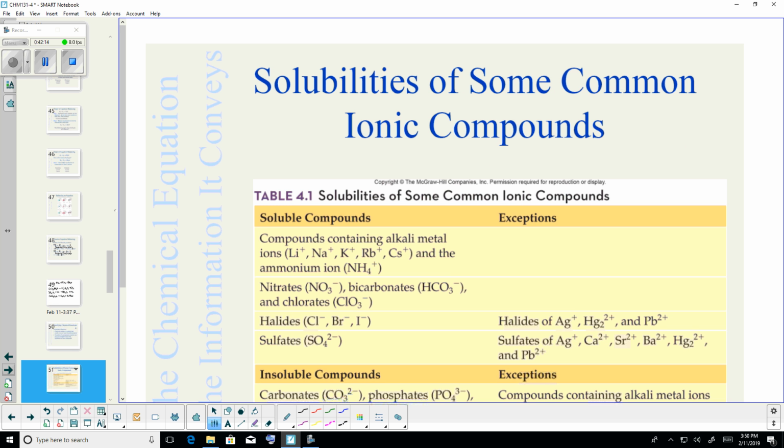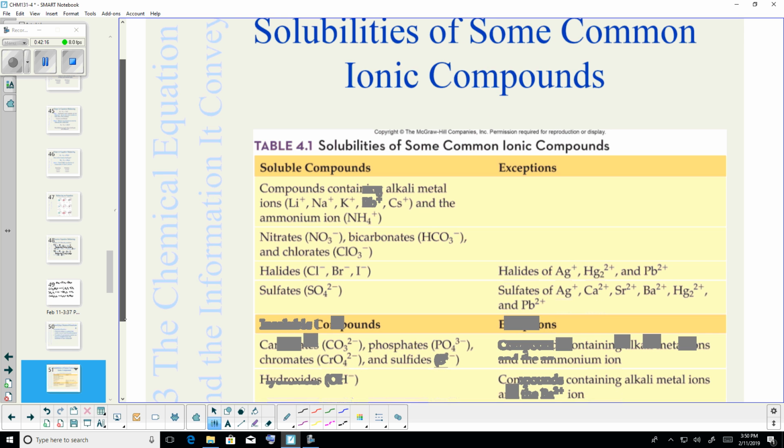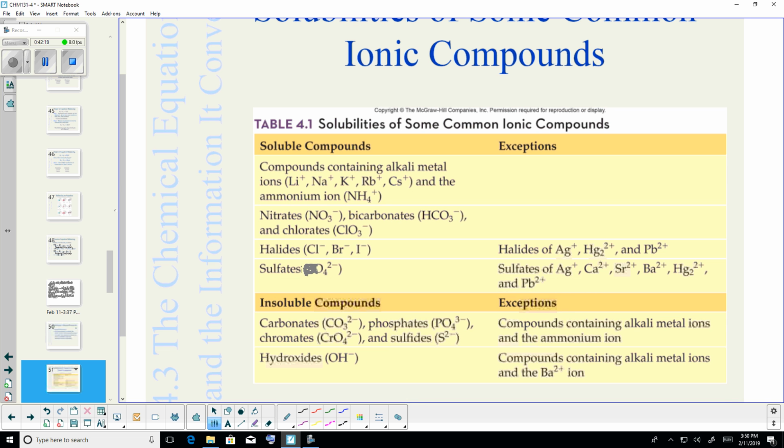So here are the rules of solubilities. If the compound contains an alkali metal, anything in column 1, or the ammonium ion, the polyatomic ion, it's soluble. No exceptions. Nitrates, things that end with NO3, bicarbonates, HCO3, and chlorates are soluble.